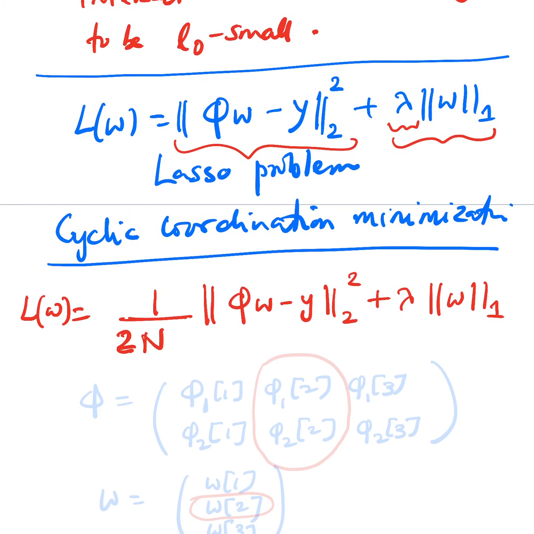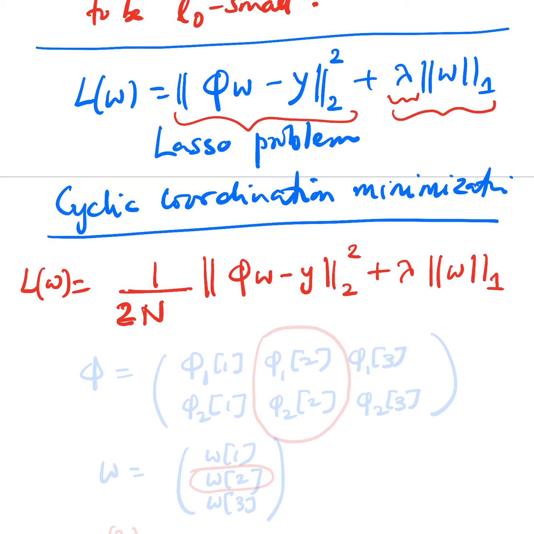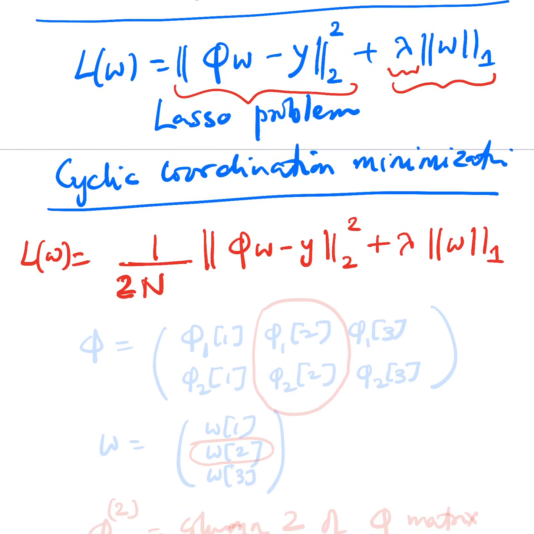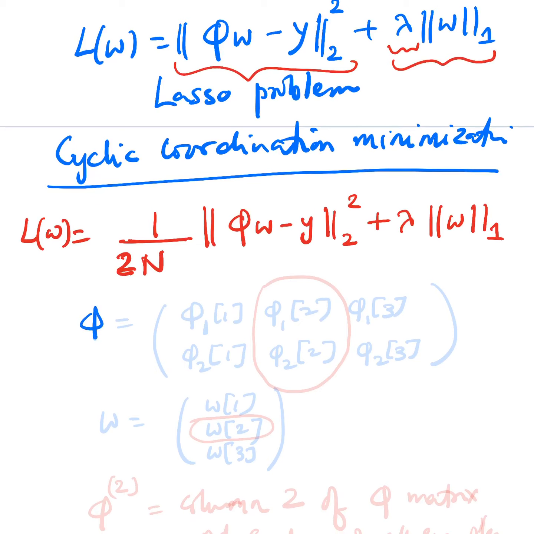So let me introduce some notation. Let me look at what the impact of the jth coordinate is going to be. Let me take a quick example. I have a phi with, let's just say, two examples: phi 1 and phi 2, and then basically I have phi 1 1, phi 1 2, phi 1 3.